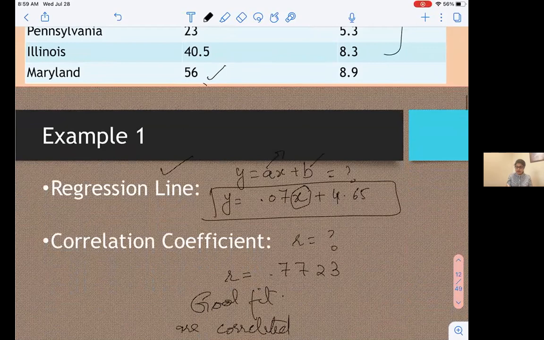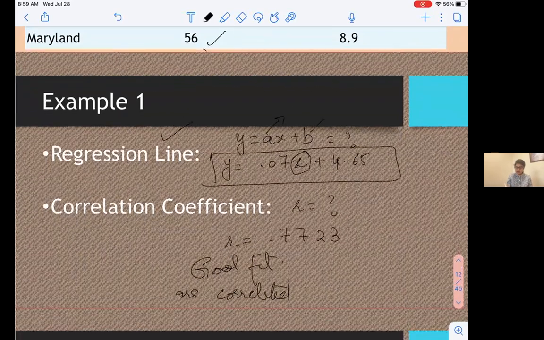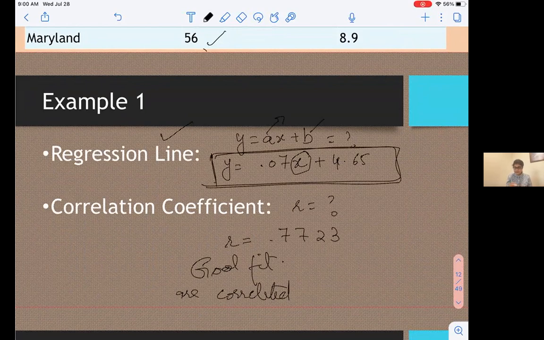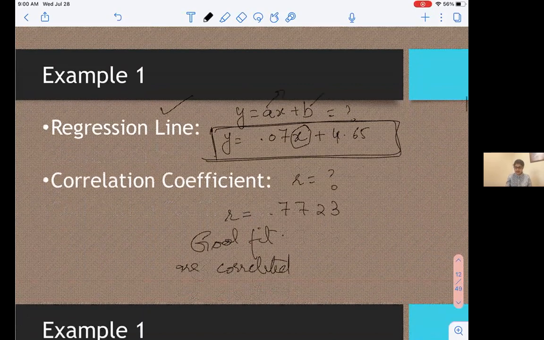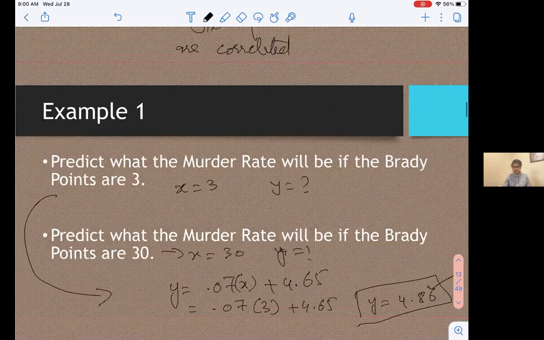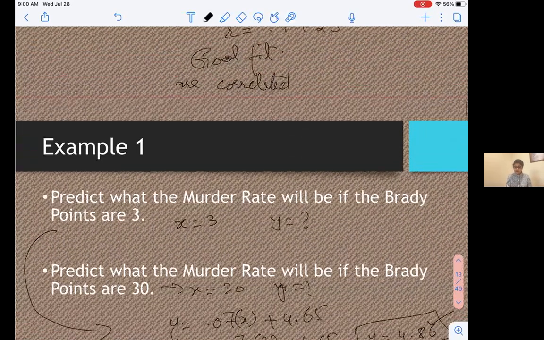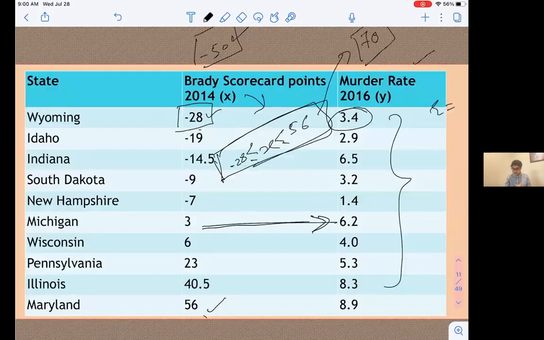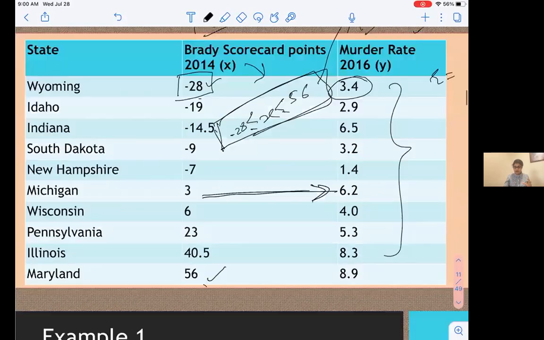Yes, this was our regression line for example 1. When we substitute Brady points x equals 3, we calculated y as 4.86, but in your data for x equals 3 you have 6.2. So why is it different?